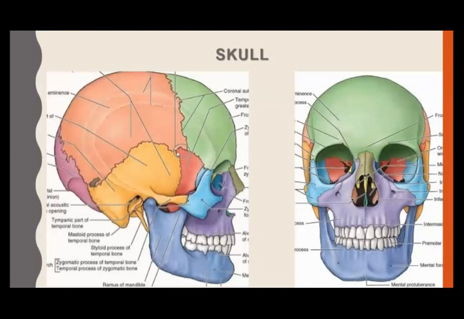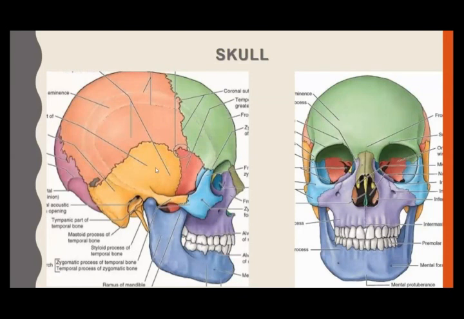Okay, this is extremely important because when there is a fracture over here, if one of these bones at this level is fractured, it may damage the artery and vein running deep to it.